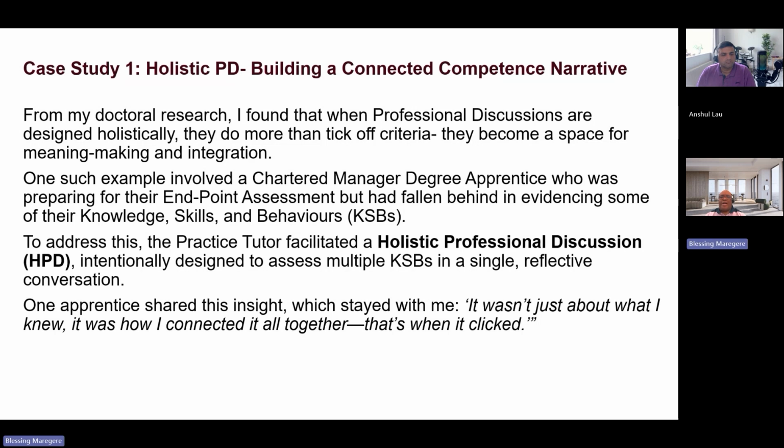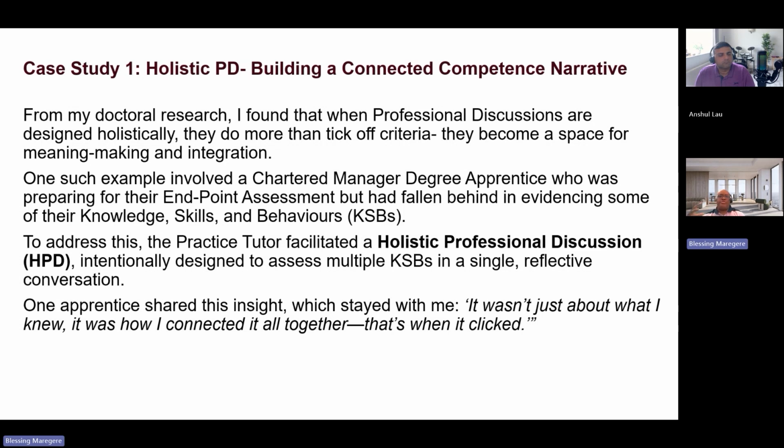And one quote from the semi-structured interview that stayed with me, from the apprentice who participated in my research, was: it wasn't just about what I knew, it was how I connected it all together, and that's when it clicked. And that's really the focal point of professional discussions. It's about being able to bring everything together and connect all the different elements as well.